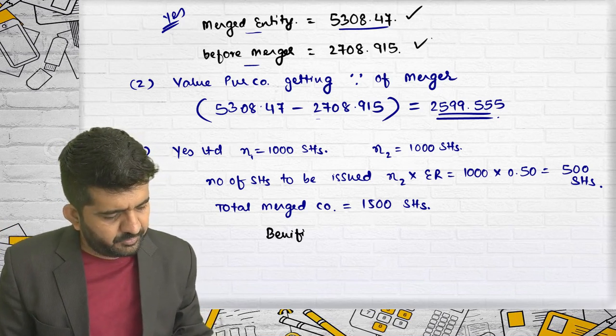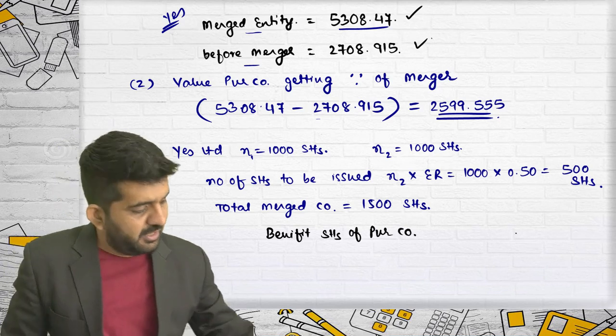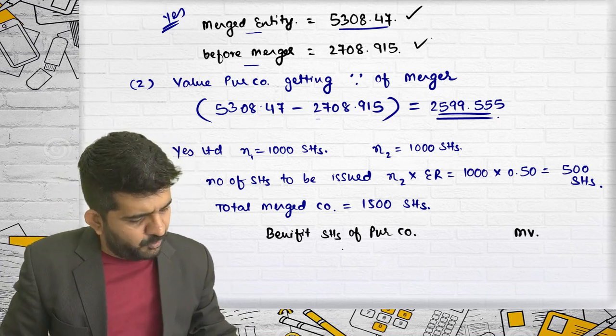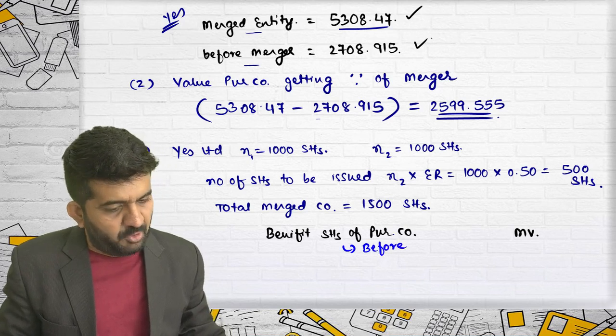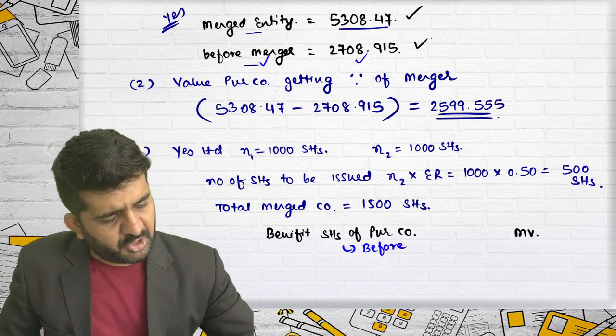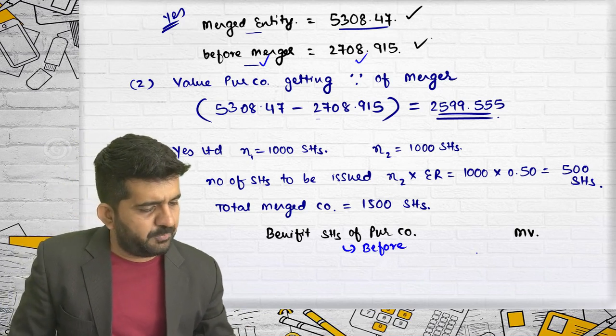Benefit to shareholders of the purchasing company. Let me take the market value, but before it is already found out. Before merger, the market value of the purchasing company was 2708.915.